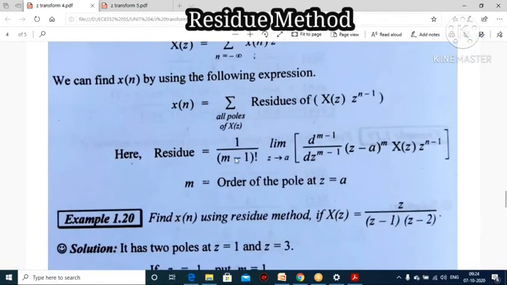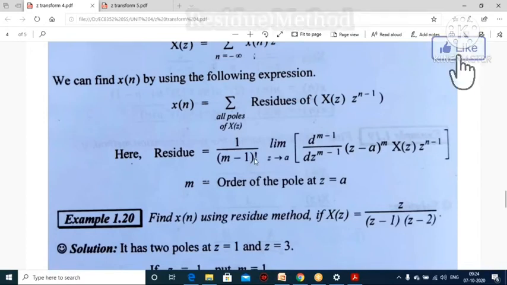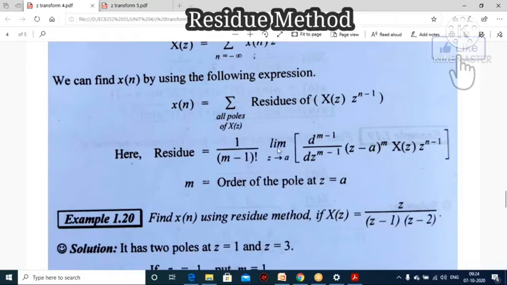Note it down, this is the formula for you: 1 divided by (m minus 1) factorial. You take the limit here, that is limit z tends to a.